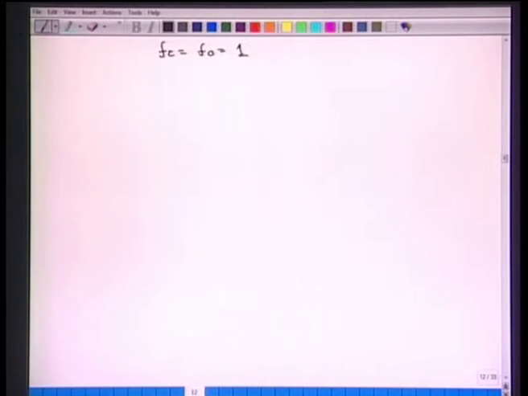If I substitute that into equation 22, then I get weight percent carbon into weight percent oxygen equal to PCO upon KCO. Now, this equation suggests that the product of weight percent carbon and weight percent oxygen depends upon the partial pressure of carbon monoxide and the value of KCO.